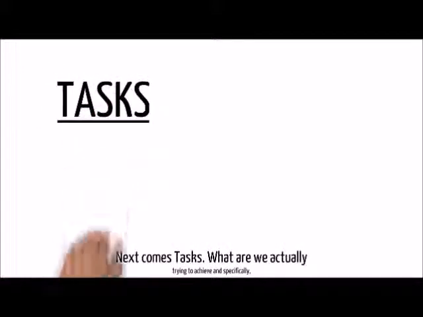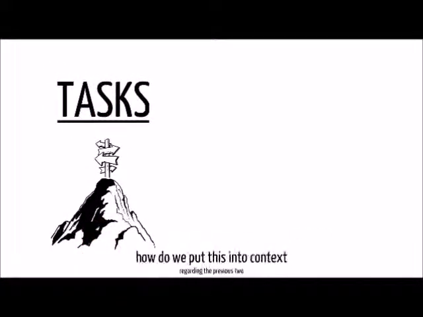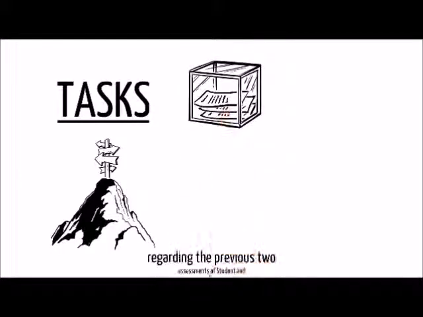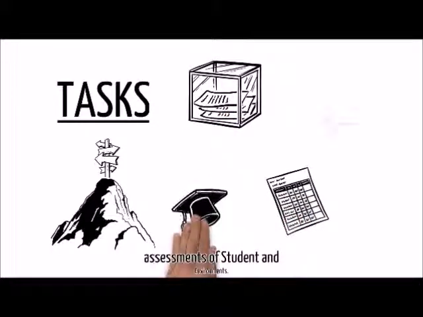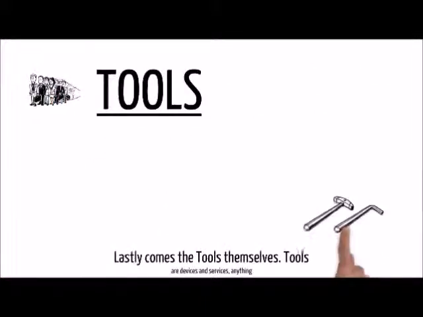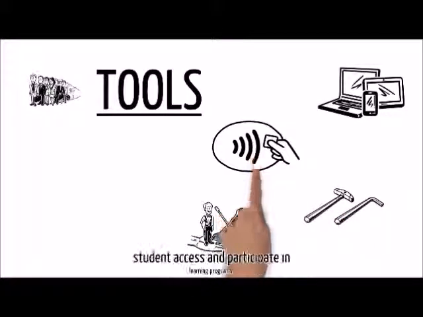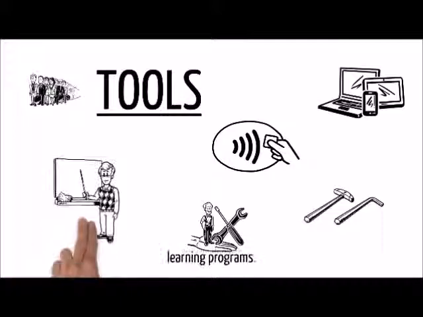Next comes tasks. What are we actually trying to achieve, and specifically, how do we put this into context regarding the previous two assessments of student and environments? Lastly comes the tools themselves. Tools are devices and services, anything that is needed to help the student access and participate in learning programs.